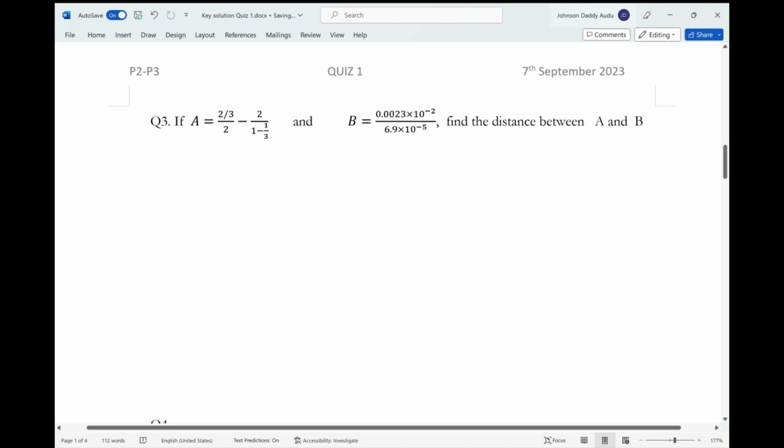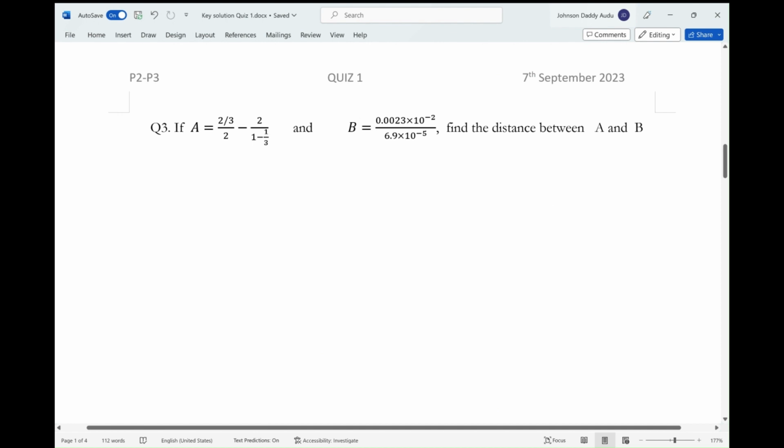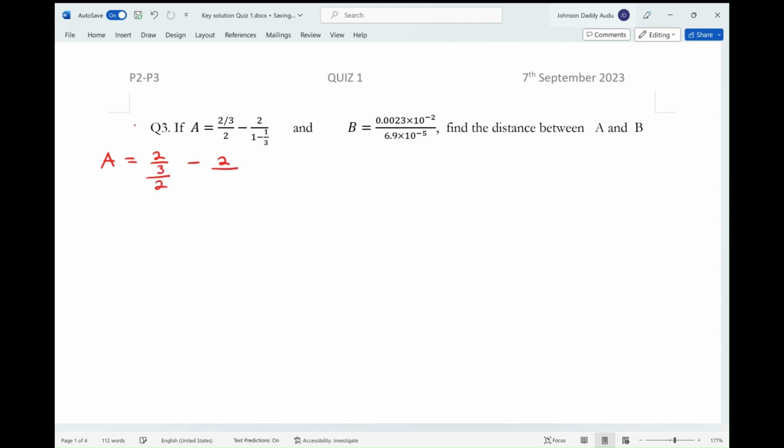All right. So for this question, question number 3, you have a, b, and you want to find the distance between what? Between a and what? And b. So you just need to simplify. This is a. So this you can write it as 2 over 3 divided by 2 minus, this is just 2.